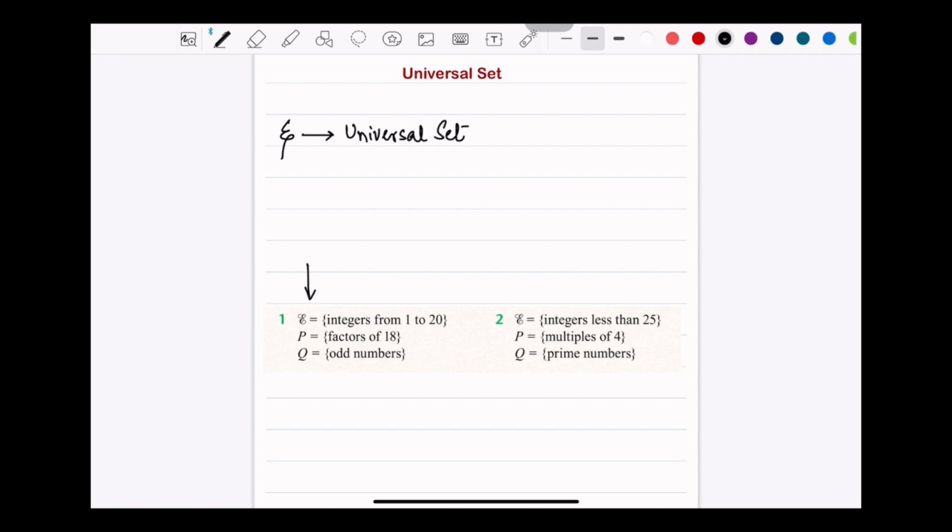When we need to represent it with a diagram, we use a square or a rectangle. So this is the diagrammatic representation of a universal set. It can be a square, it can be a rectangle, but it has to be a four-sided quadrilateral, not a trapezium though.